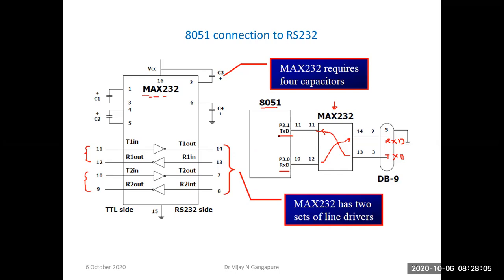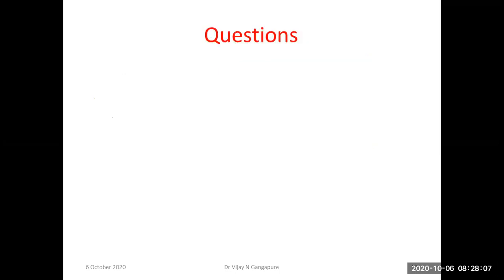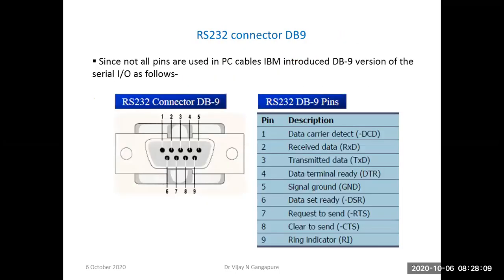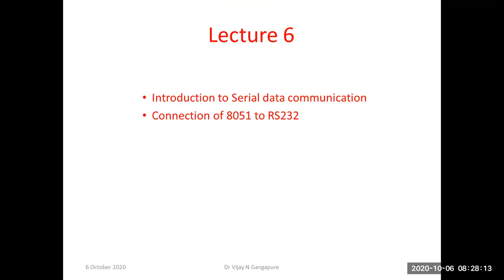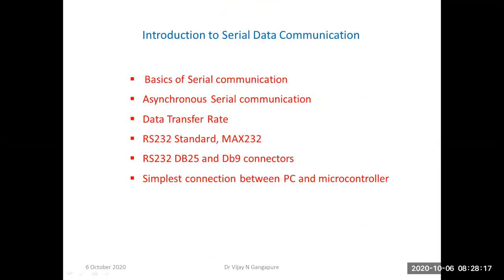So this is about the introduction to serial data communication, and the connection of 8051 to RS232. First we saw the introduction to serial data communication. Under that we studied the basics of serial communication. Then we saw what asynchronous serial communication is, which is there in the serial port of the 8051 microcontroller.